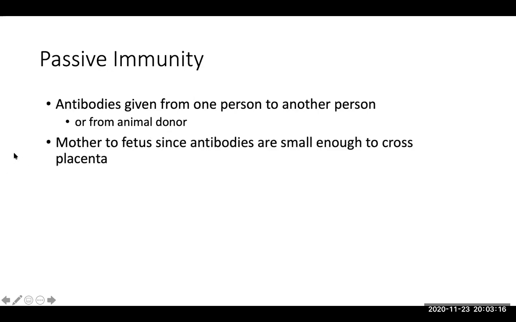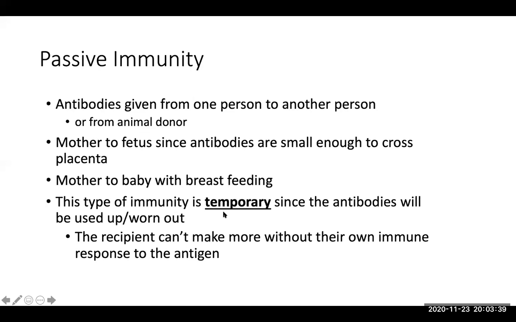We also see this as a natural process between mothers and babies. The mother can pass her antibodies to the fetus because some of them are small enough to cross the placenta. And then also during breastfeeding, some antibodies are passed that way as well. And of course, this is temporary.